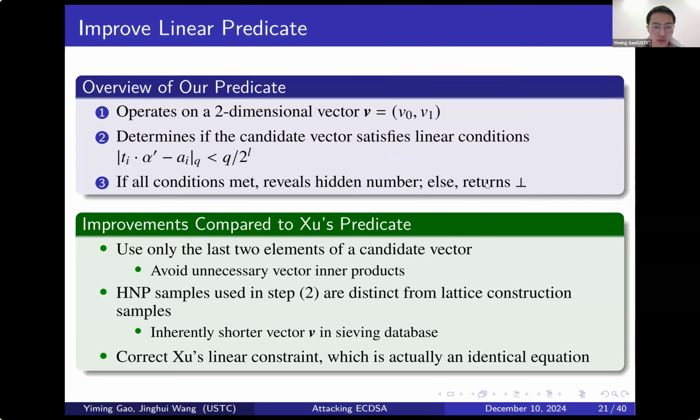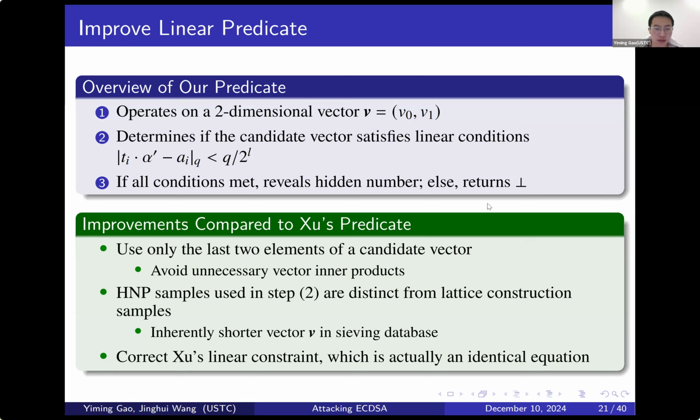In this work, we improved the linear predicate. Our predicate operates on a two-dimensional vector and determines if the candidate vector satisfies the linear constraints of a set of samples. If all conditions are met, it reveals the hidden number, else it returns false.